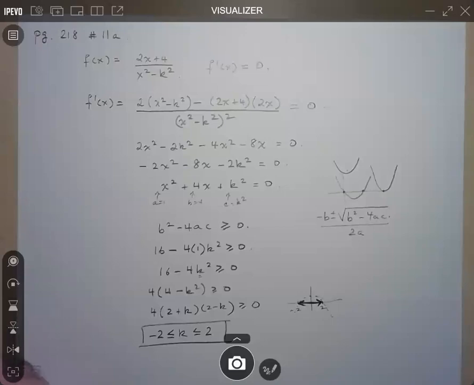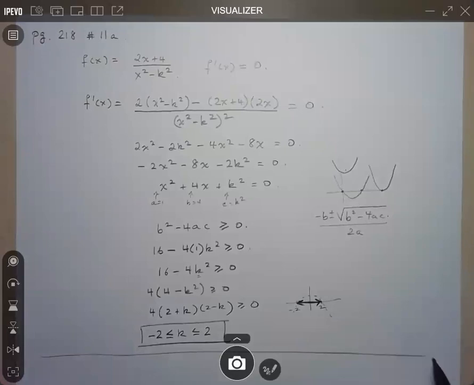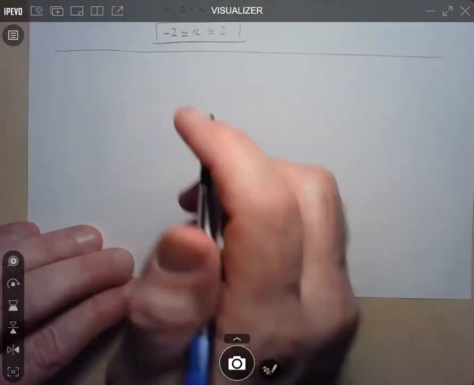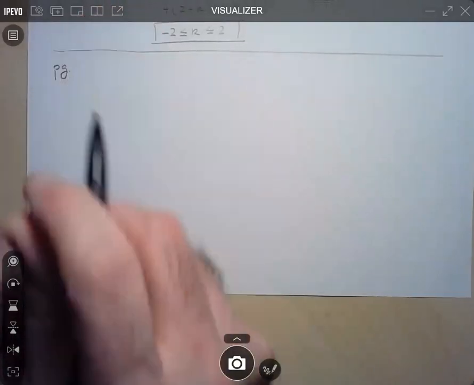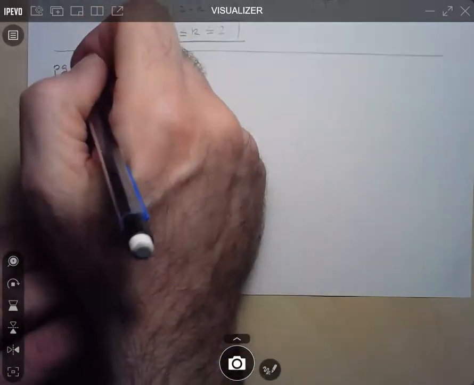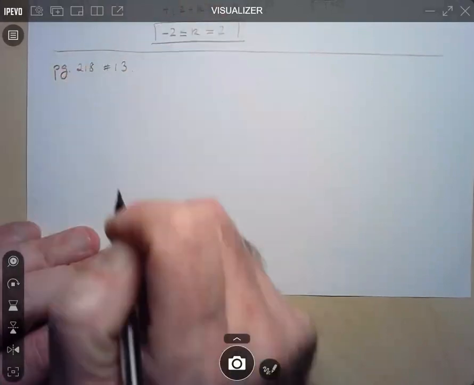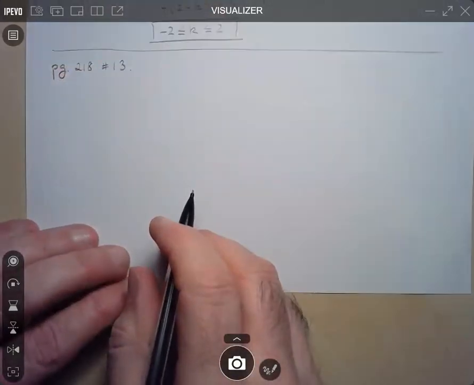So the next thing I've got on my list is number 13. Okay, so let's take a look. Hopefully I've got enough space. So this is page 218, number 13. All right, and let's see what that's asking.